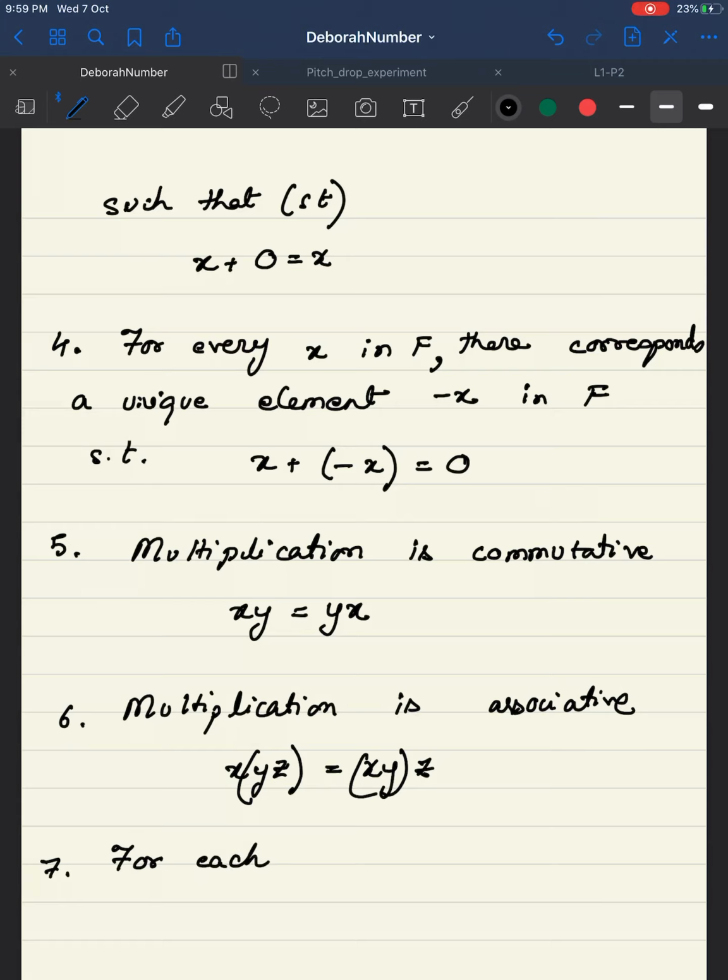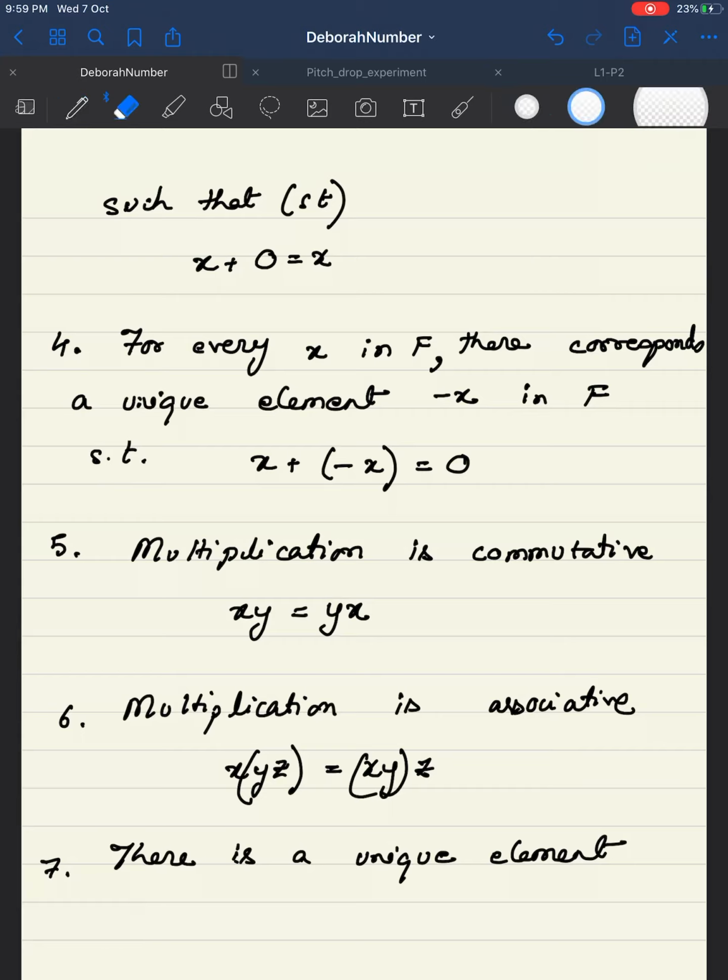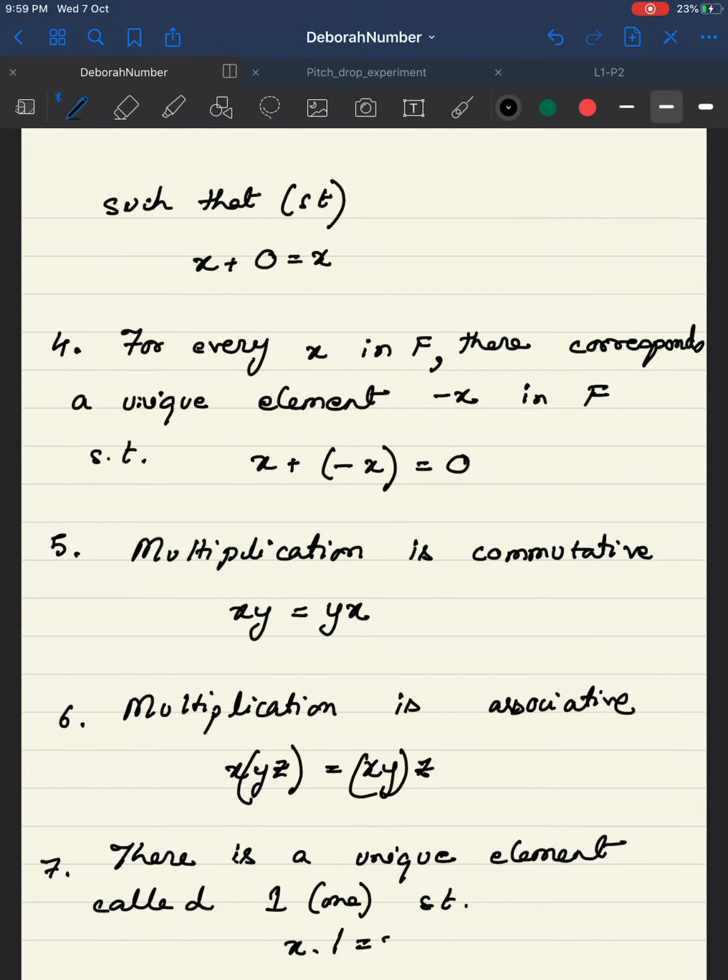There is a unique element called 1 such that x into 1 is equal to x.